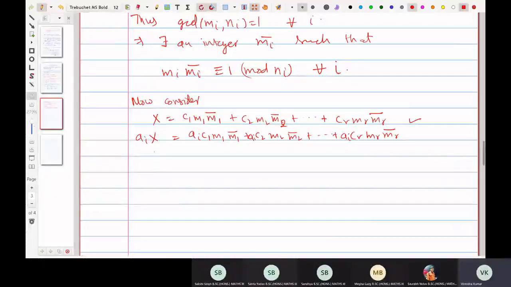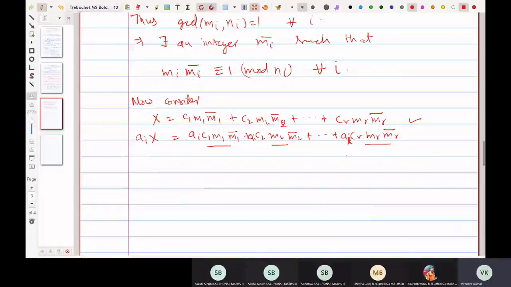Okay. And because we are taking the multiplication modulo Ni, in each Mj except Mi, Ni will be there. Okay, Ni will be there.